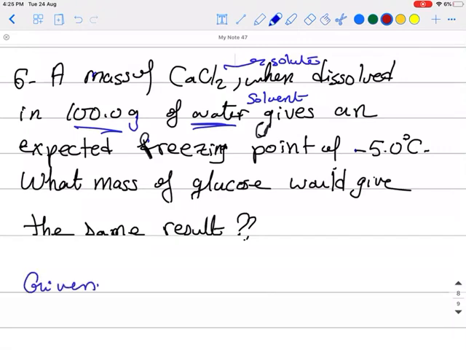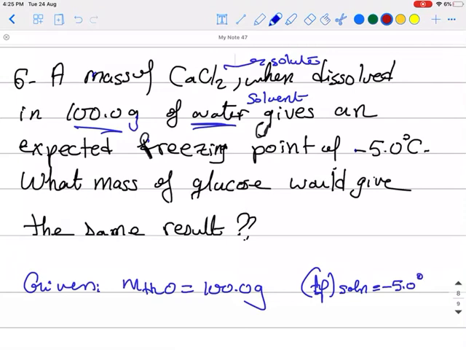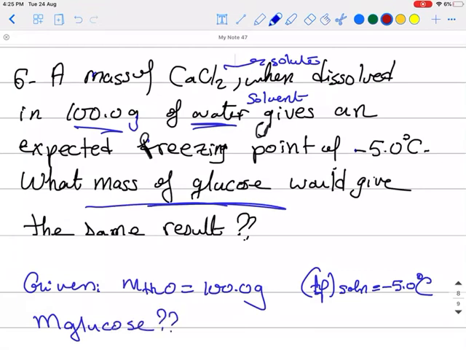Okay, so let me write the given. The mass of water is 100 grams, which gives an expected freezing point, so T freezing of the solution equals -5 degrees Celsius. What mass of glucose would give the same result? So the requirement is to find the mass of glucose.